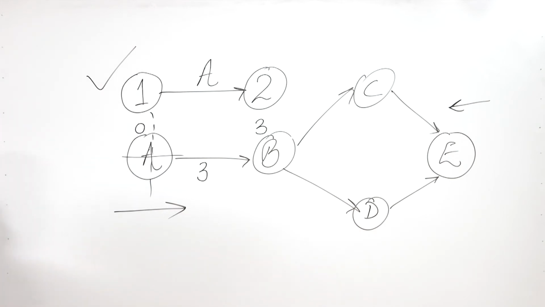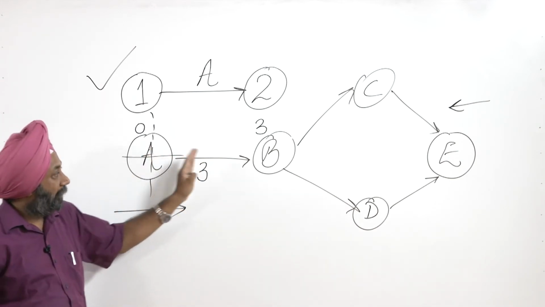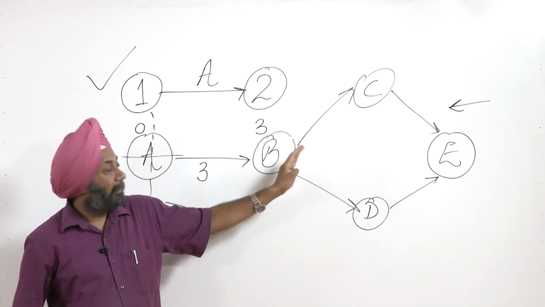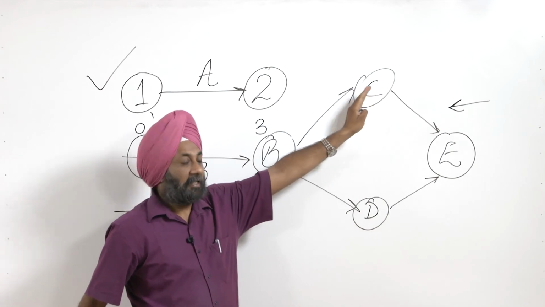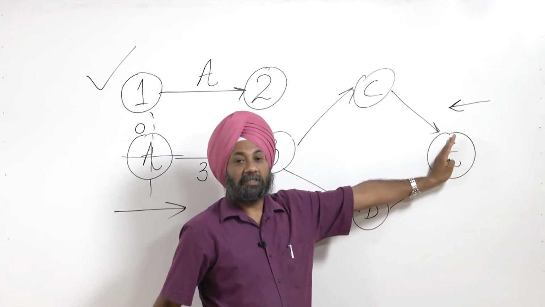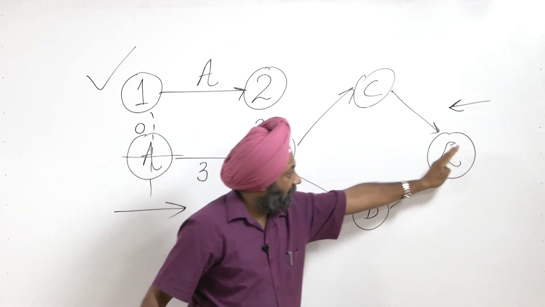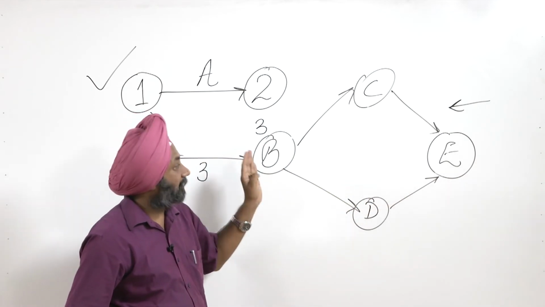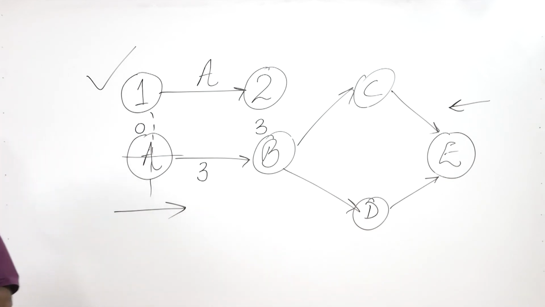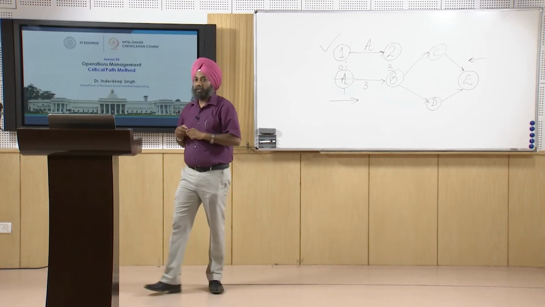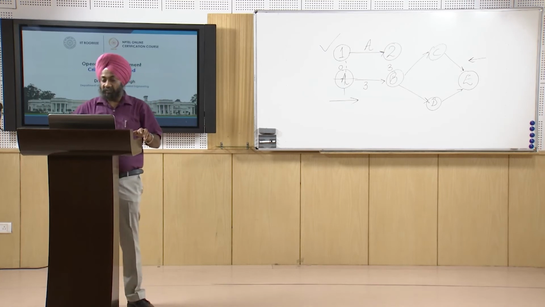So we will start moving from this direction and try to find out the earliest time when B can start, the earliest time when C can start, the earliest time when E can start. Then from this side we can do the reverse calculation and find out the latest times for each and every activity. We will try to understand this with the help of an example.